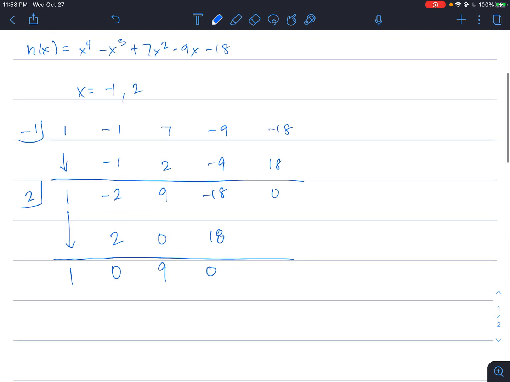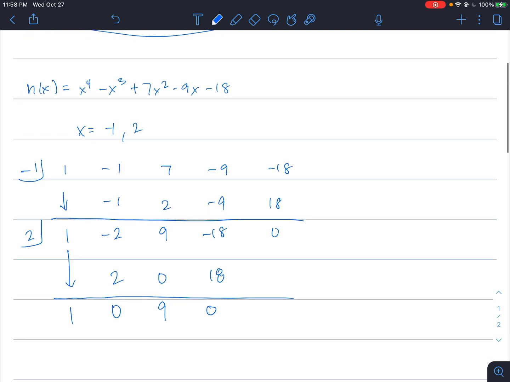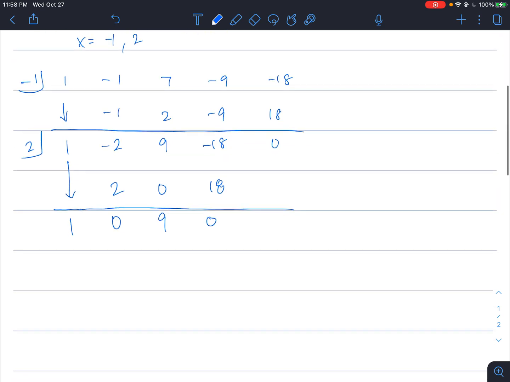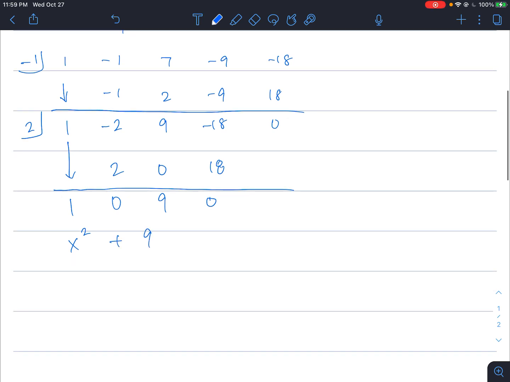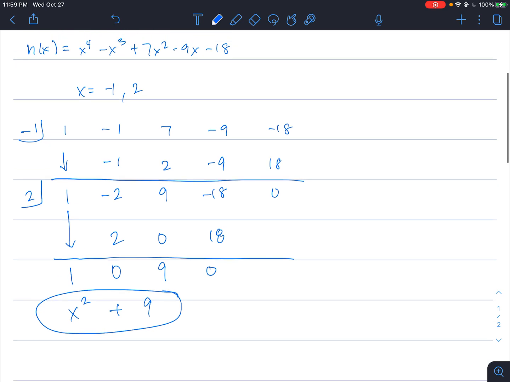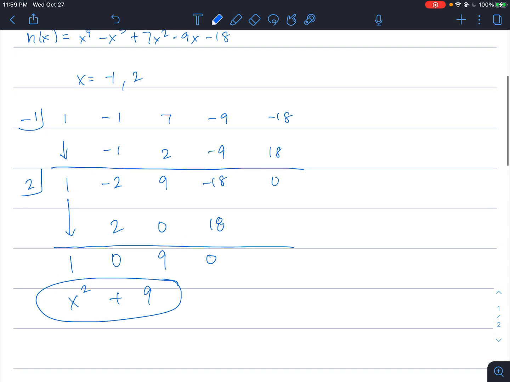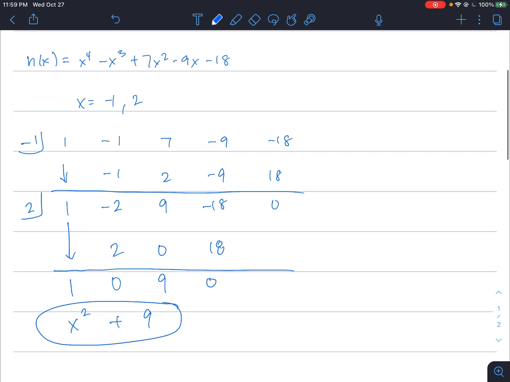Now, because I divided twice, this polynomial here will be of the second degree, and these are the coefficients: x squared plus 0x, which I don't need to write, plus 9 right there. So now I'm going to use this polynomial here, and this is where my remaining two zeros are going to be.